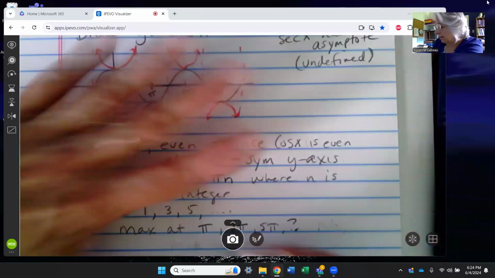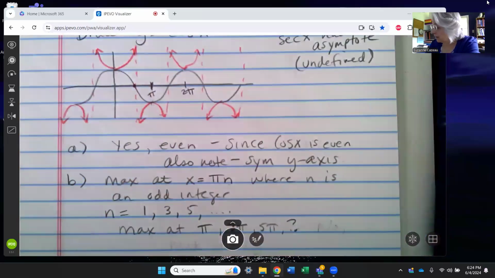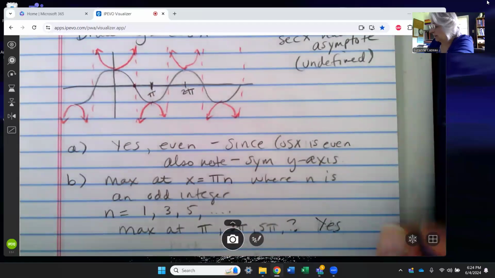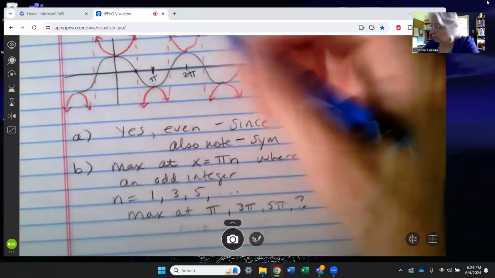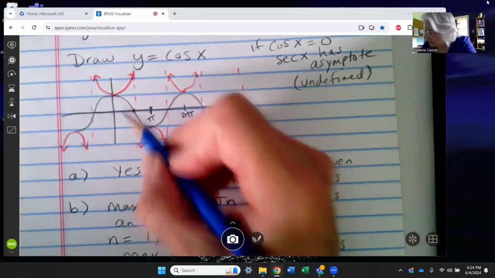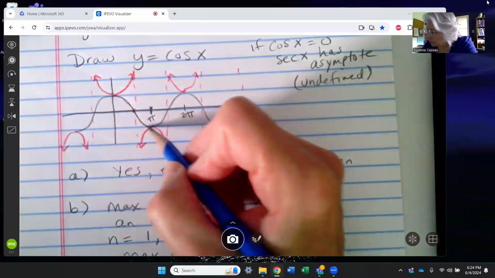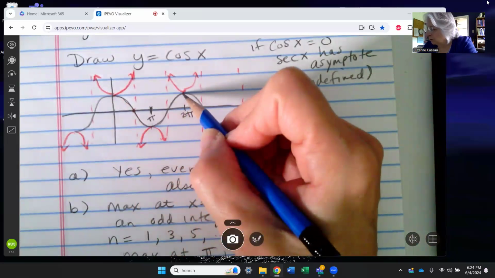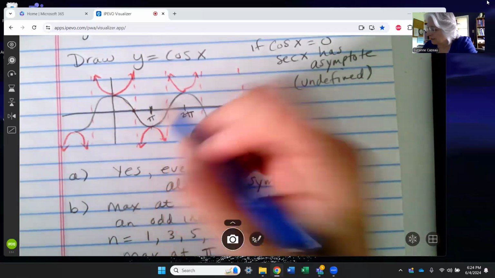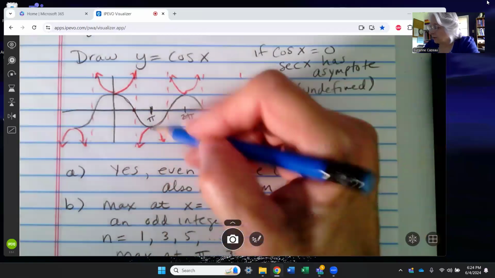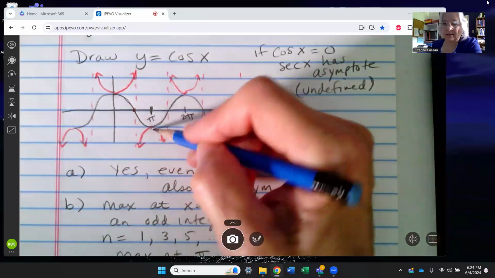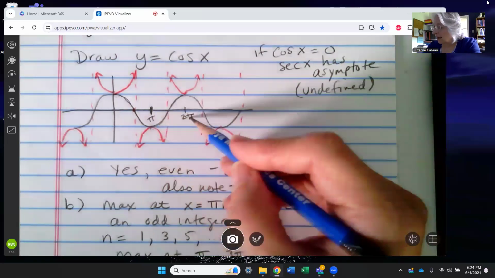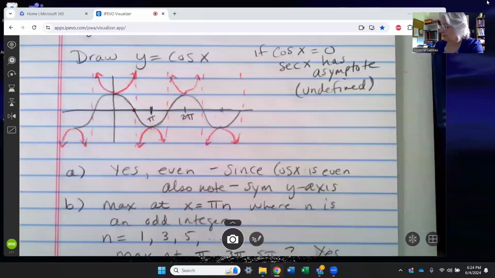But you're going to have the correct graph, and you'll be able to answer the question correctly. Here's cosine, that's 2 pi, and this is pi. Yes, the secant has a max at pi, and then at 3 pi, 5 pi. So yes.